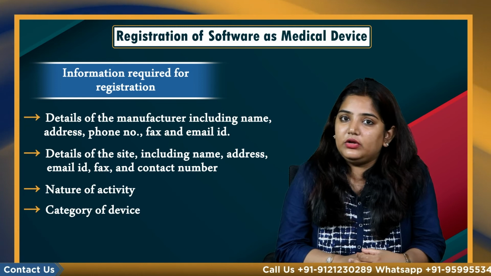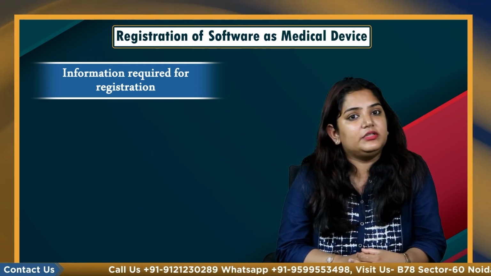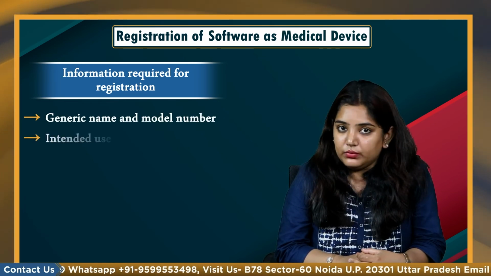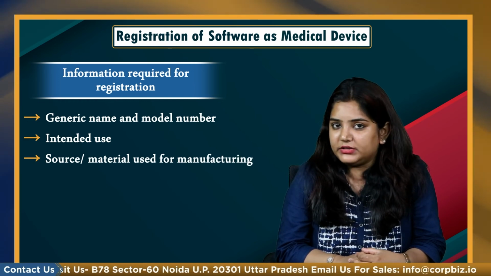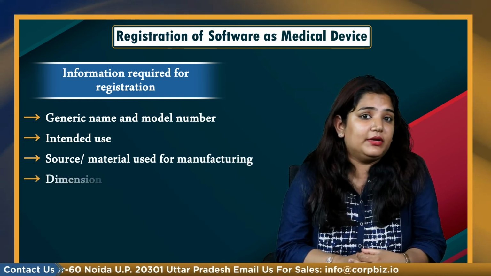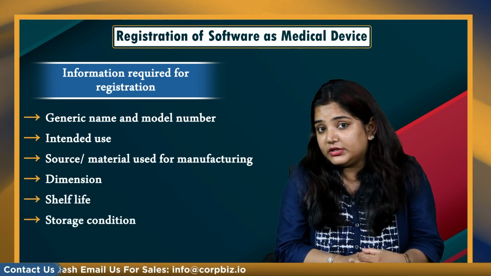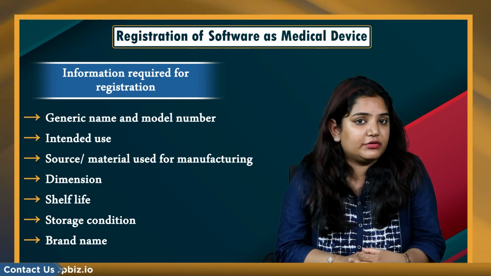Fourth, category of device. Fifth, product description. Sixth, generic name and model number. Seventh, intended use. Eighth, source and material used for manufacturing. Ninth, dimension. 10th, shelf life. 11th, storage condition. 12th, brand name if the applicant has trademark registration.